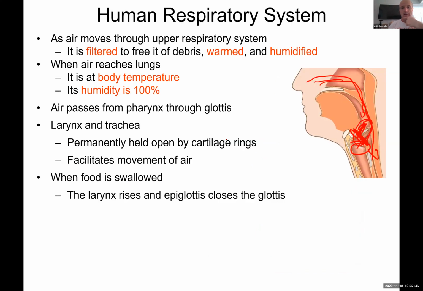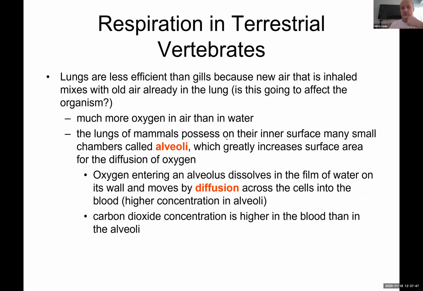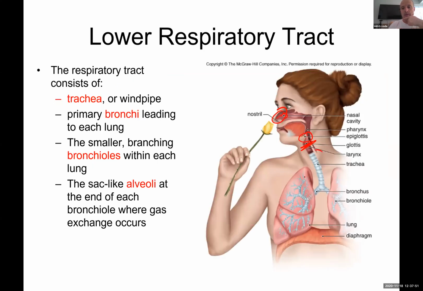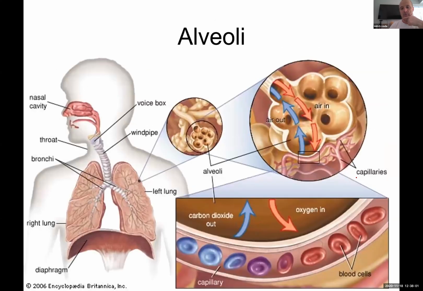All right, the lower respiratory tract is made up of the trachea, followed by the bronchi, then the little structures here, which are called the bronchioles, and then if you look here, you can see this other structure, which are called the alveoli. Alveoli are sac-like structures which will dilate.